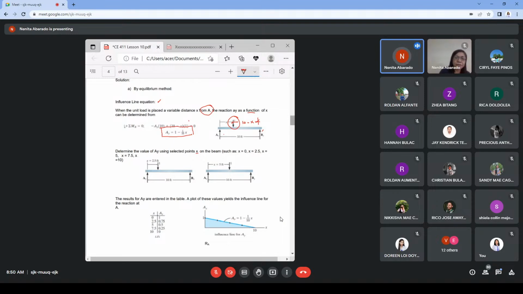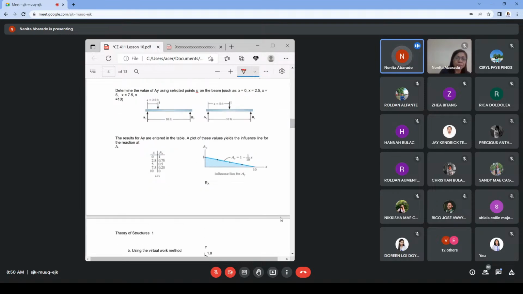Pwede yan. So we are going to construct a table. At x is equal to 0, at x equals 2.5, 5, 7.5, and 10. We expect that the diagram is a straight line segment.